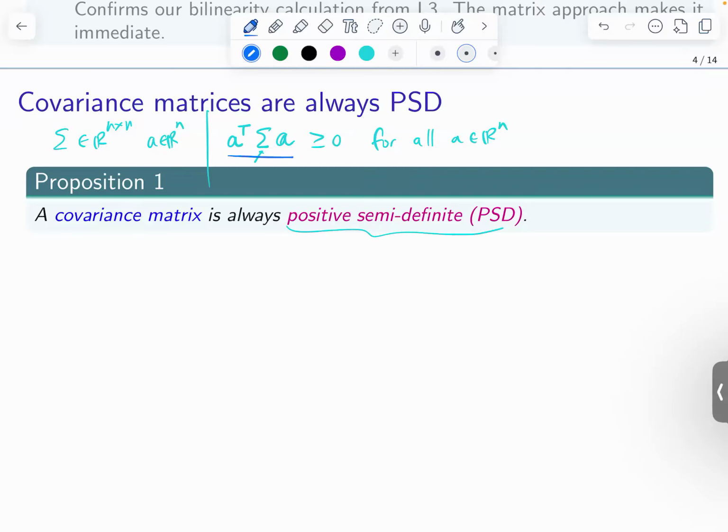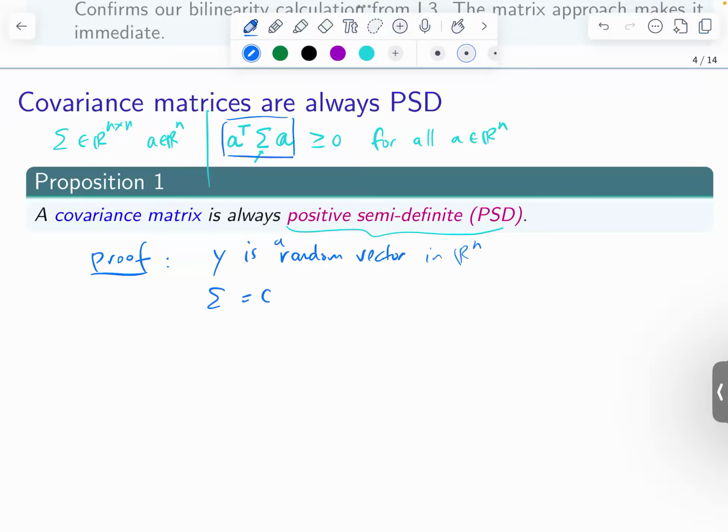And actually, statistics gives you a very nice interpretation of this quantity, as we'll see. Why we care about this, and why it's not negative for a covariance matrix, we're just going to see. So, proof of this fact: a covariance matrix is always positive semi-definite. Let's say Y is a random vector in R^n.